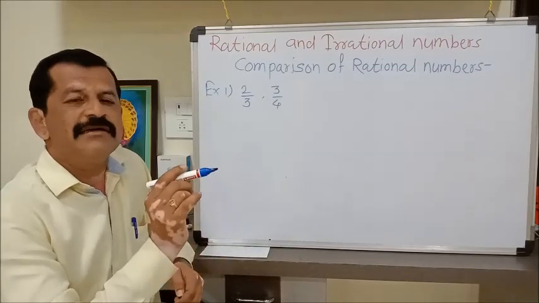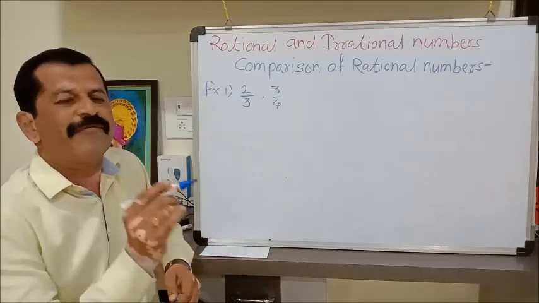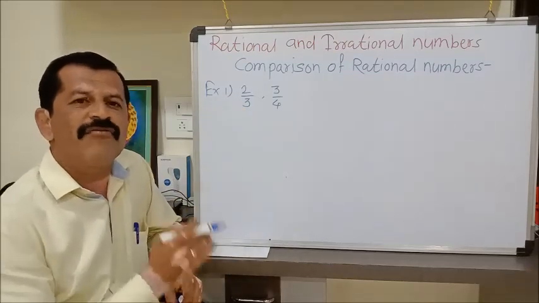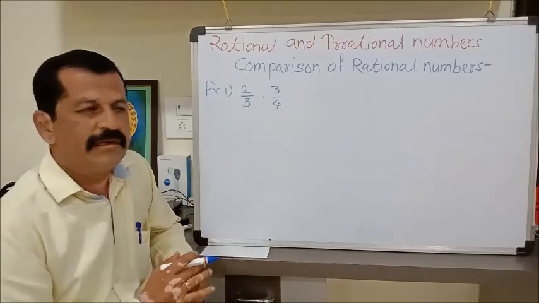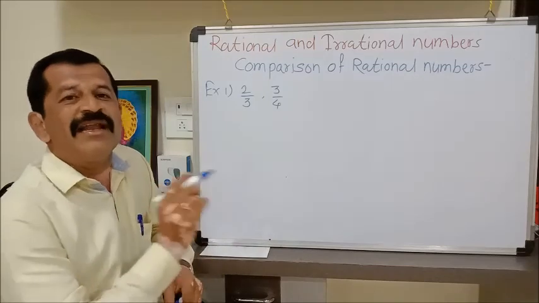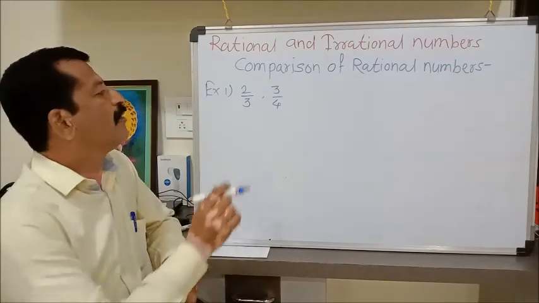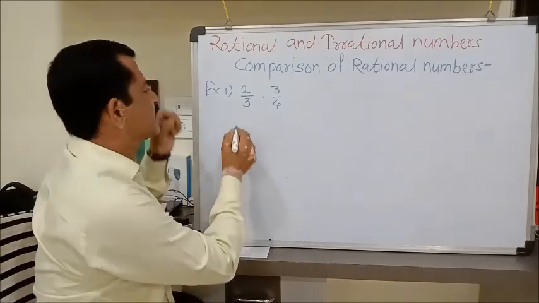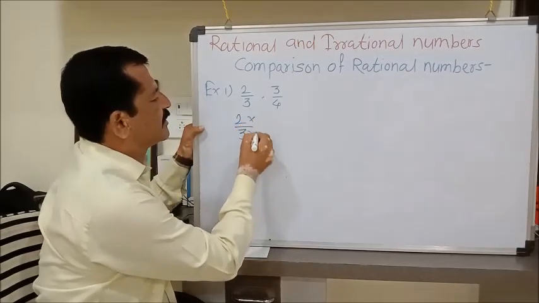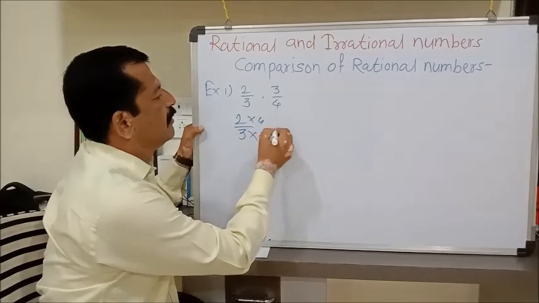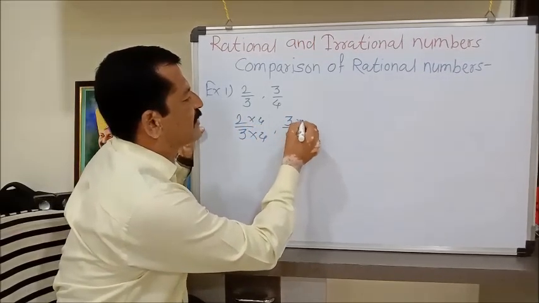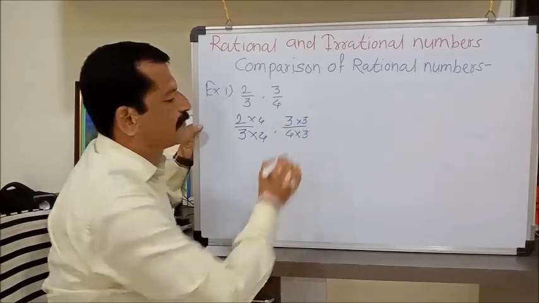To equalize the denominators we find the common multiple of 3 and 4. In the table of 3 and the table of 4, 12 is the common multiple. To get 12 in the denominator place, we multiply the first fraction by 4 and the second fraction by 3.